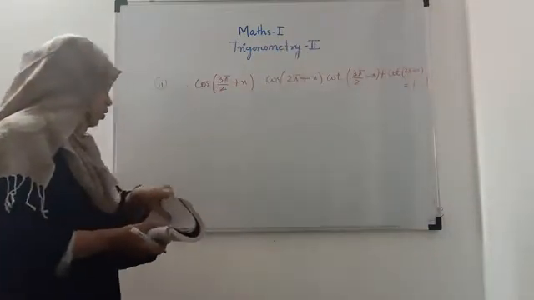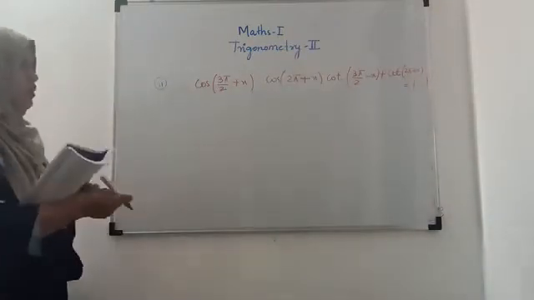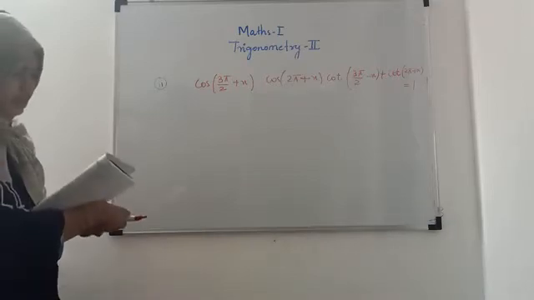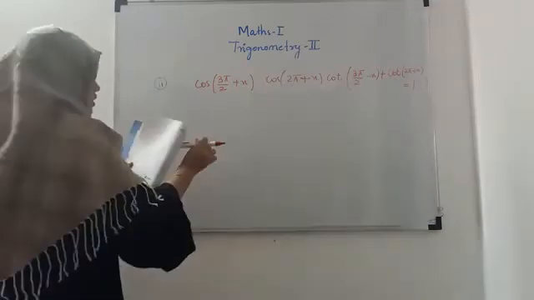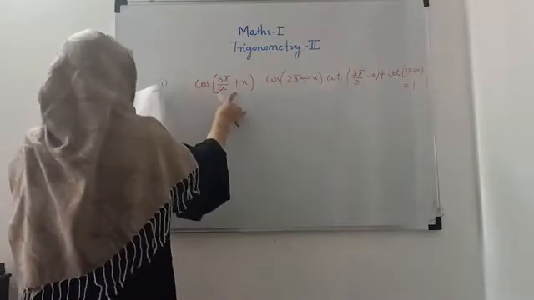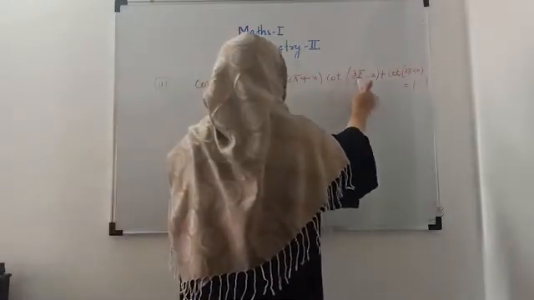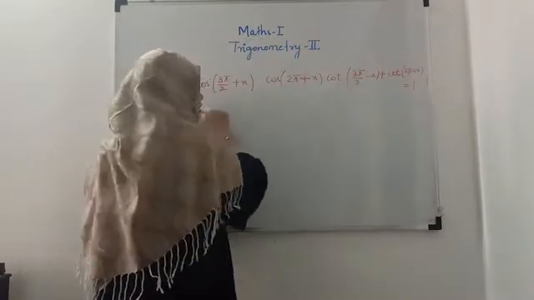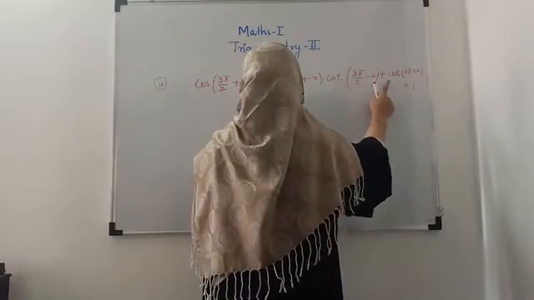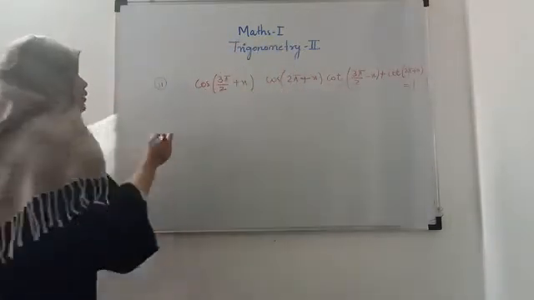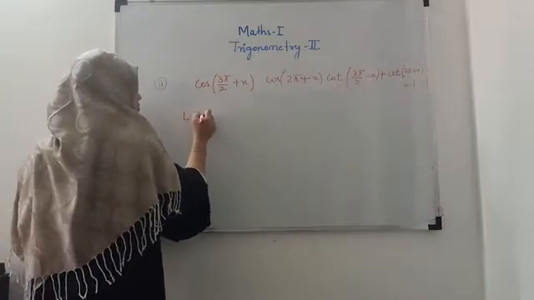We have to show this is equal to 1. So 3 terms are in product: cos(3 pi by 2 plus x), cos(2 pi plus x) and cot(3 pi by 2 minus x), and the next one is in addition, plus cot(2 pi plus x). Okay, so we'll start with LHS.